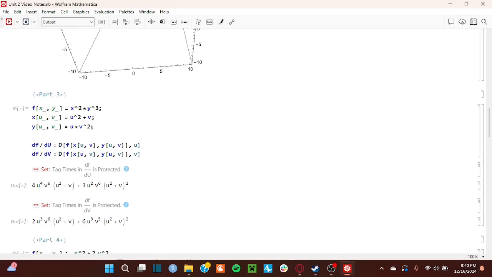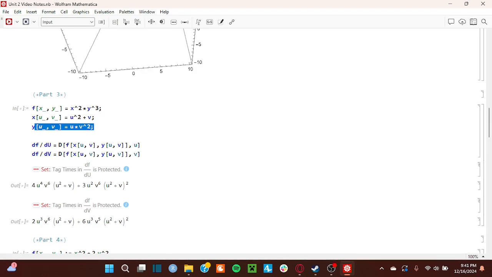But basically I've plugged in our f of xy right here, and then our x of uv and our y of uv. Those are the same thing as x equals u squared plus v, and y equals 2uv squared, as you can see up here.